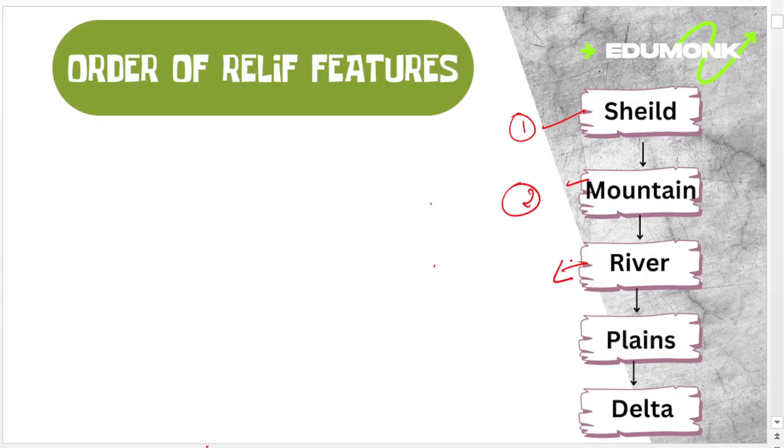After the mountain formation, the rivers started to flow from the mountains. These rivers form the plains in the depositional areas. Finally, these rivers drain out to the ocean, which leads to the formation of deltas at the junction of a river and ocean. This is the chronological order of formation of the physical features of our Earth. These are the major relief features, or major physiographic features.